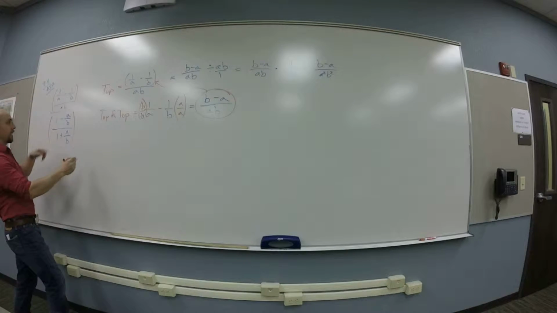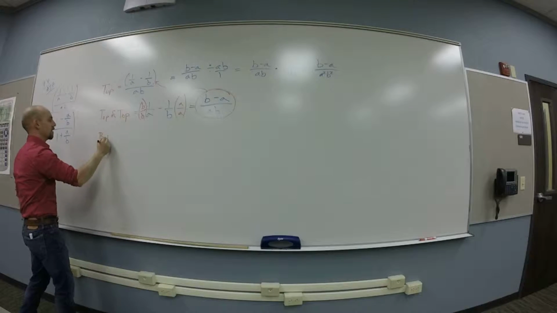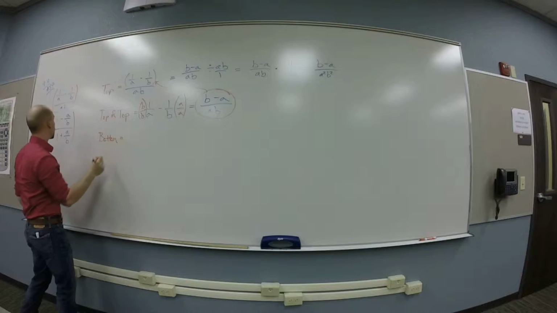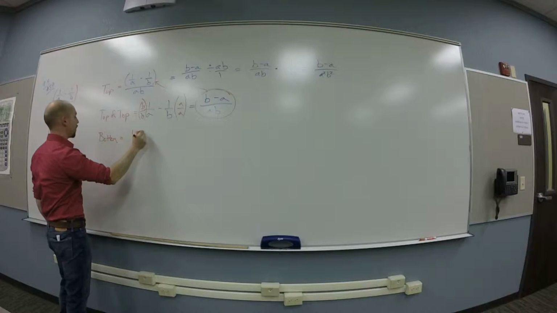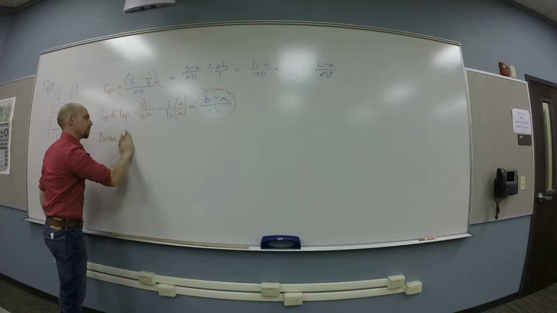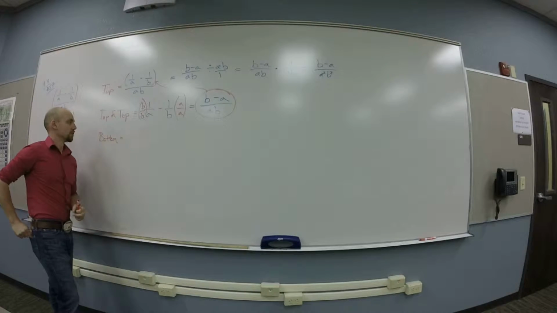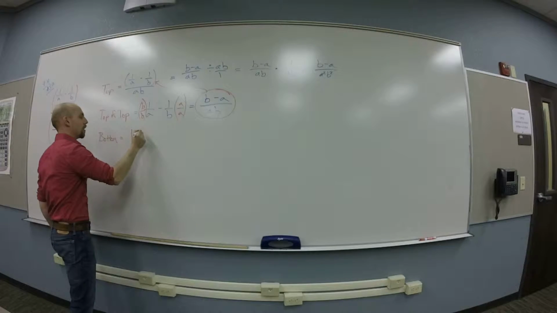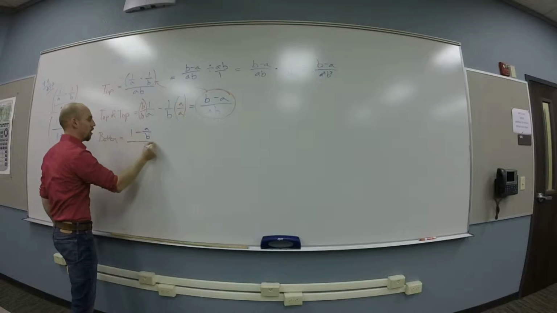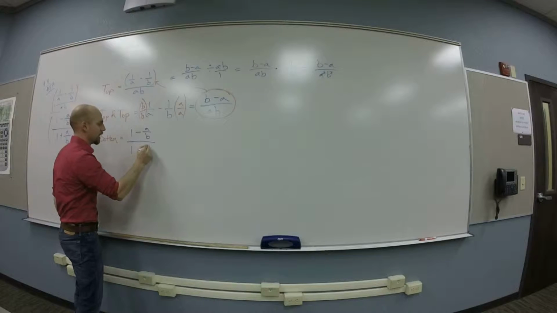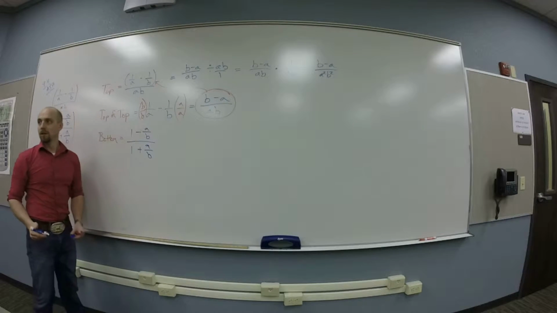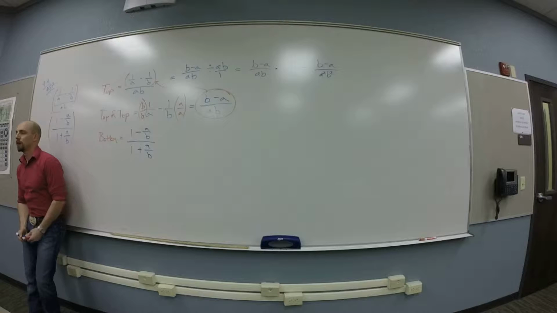So the bottom is right here, that's this stuff. So the bottom is 1 minus A over B over 1 plus A over B. Now what do I do?